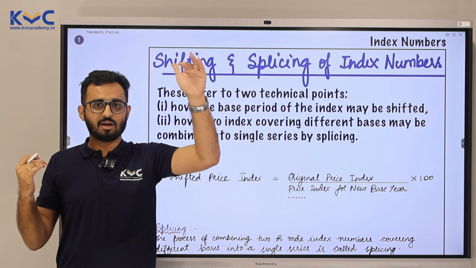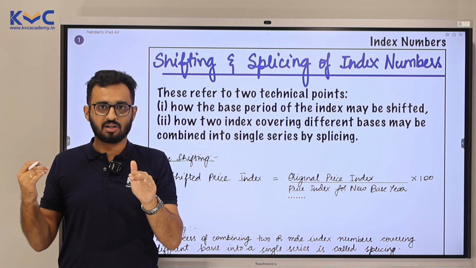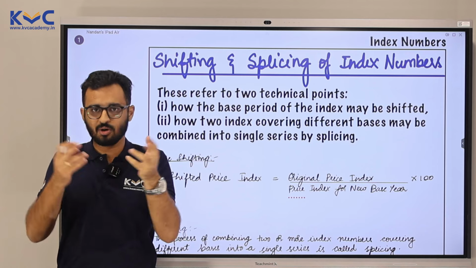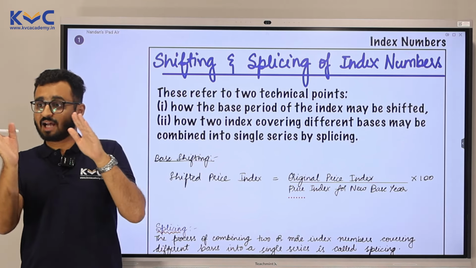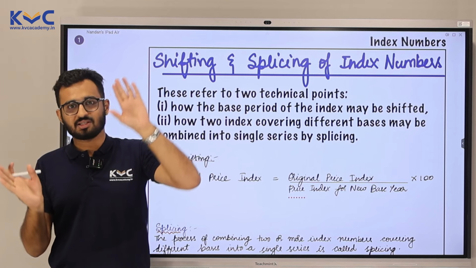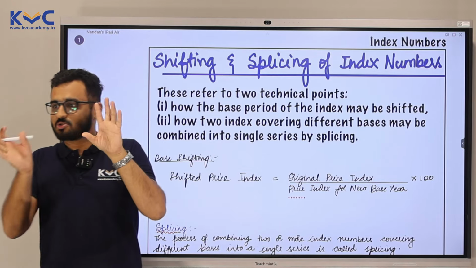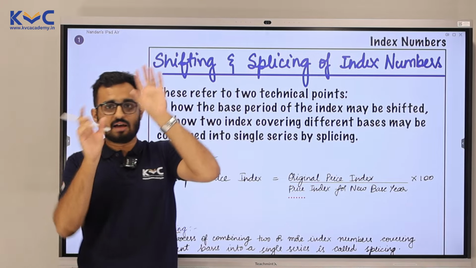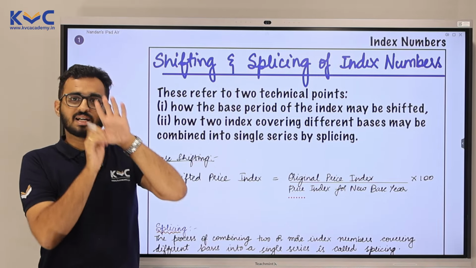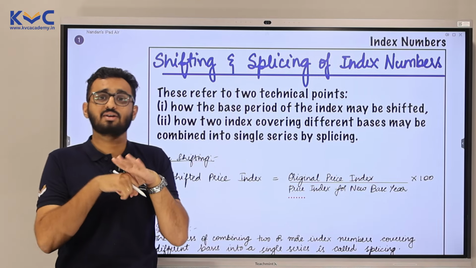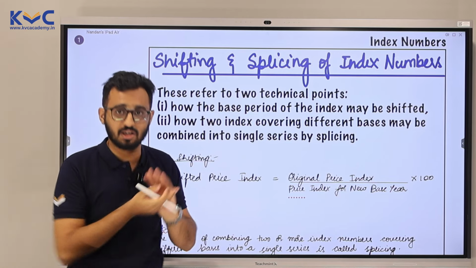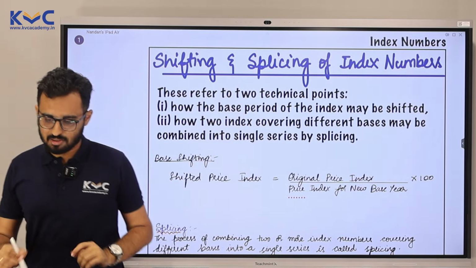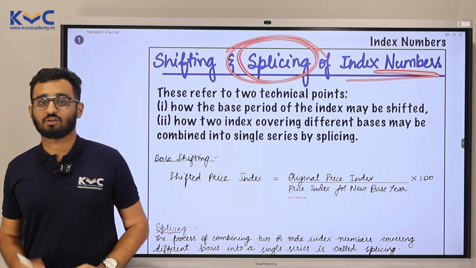So you have one series and the second series is starting again. For the same data, just because you started somewhere else, you have two series, so it is better to merge these. That merging of series is what we call splicing. So we are splicing and bringing it to one series. That is what we are going to do when splicing index numbers.